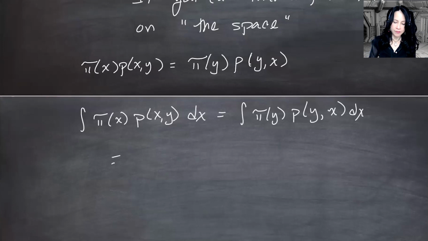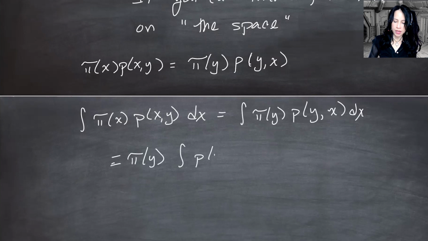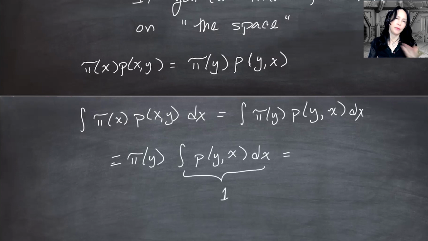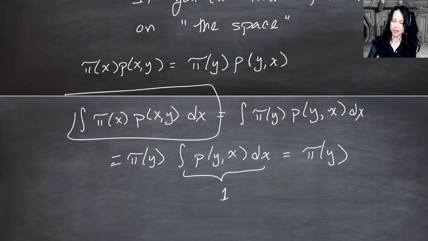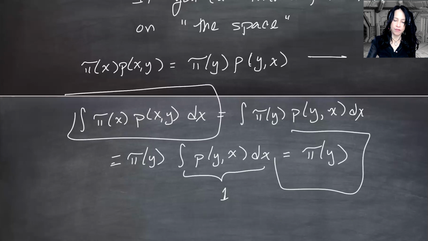And then you have an integral P(y, x) dx. And this is integrating a PDF. The second argument is the argument that it's a PDF. And so this integral is 1. Before, when I had P(x, y), you had to integrate with respect to y. But you can see you get the stationary equation to hold as a result of having this reversibility or detailed balance condition.